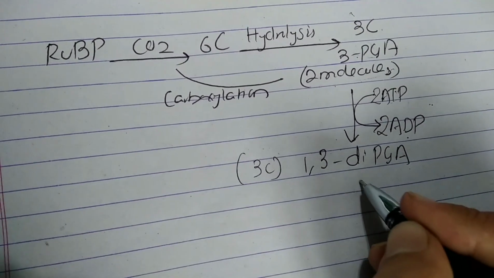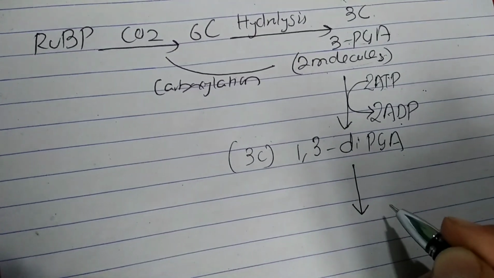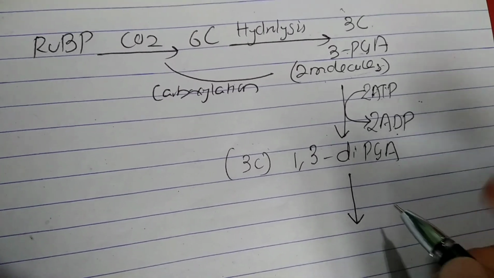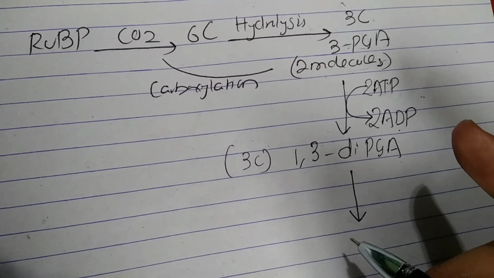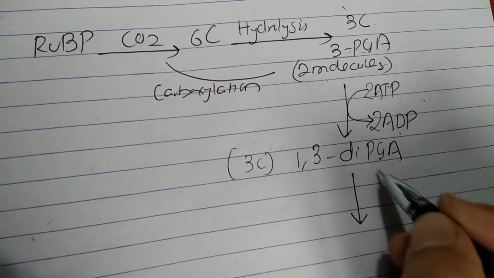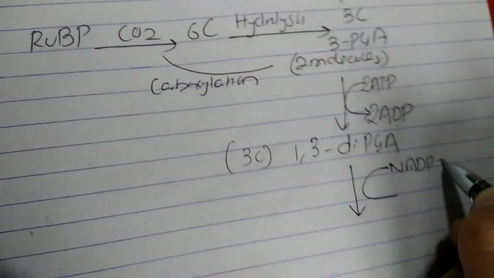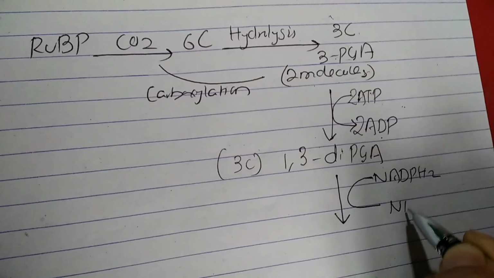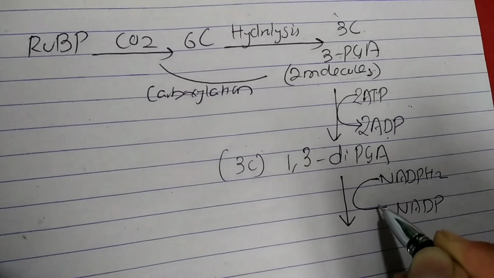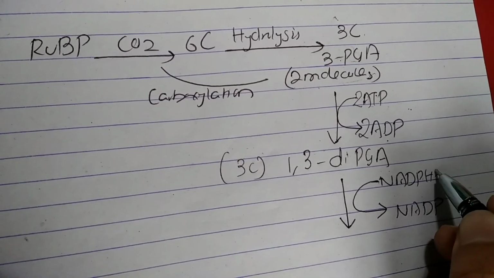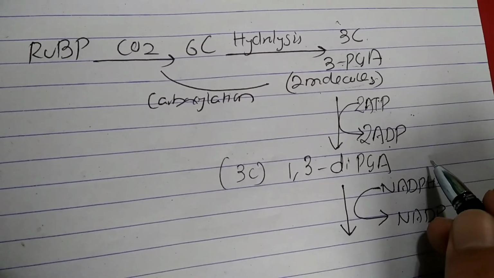The next process is reduction. Reduction simply means addition of hydrogen, so NADPH2 is converted into NADP. This will release hydrogen, and this hydrogen acts as a reducing agent, right?